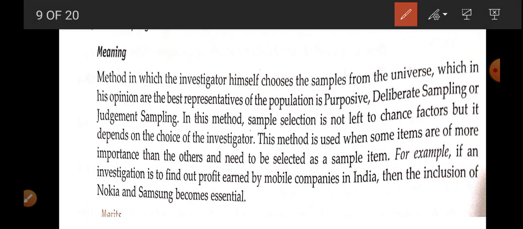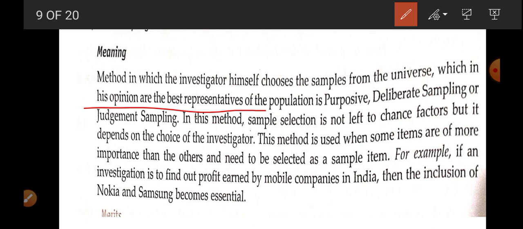Next is purposive sampling. It is also known as judgmental sampling. In this method, sample selection depends upon the opinion of the judge. Like all the reality shows such as Dance India Dance and Indian Idol, they use purposive or judgmental sampling. They see all the performances, and after that they decide who is going to win the crown, or go to the next round.